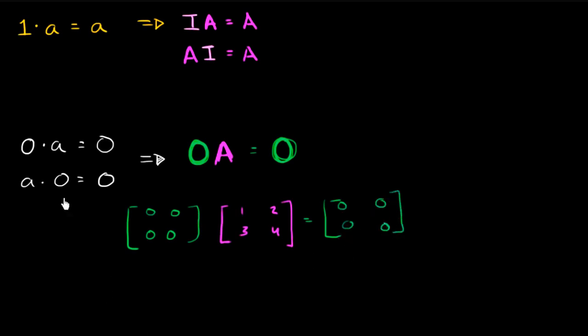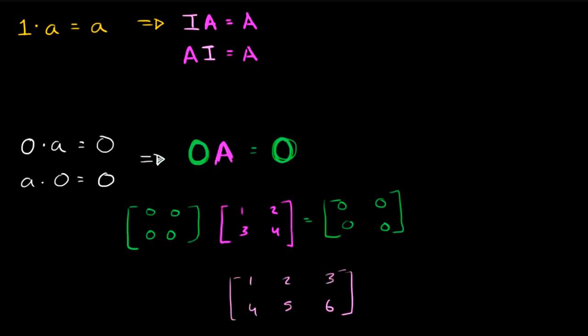And just to make the point clear, let's say we had a matrix 1, 2, 3, 4, 5, 6. We want to multiply this times a 0 matrix. In order for the matrix multiplication to work, my 0 matrix has got to have the same number of columns as this one has rows.